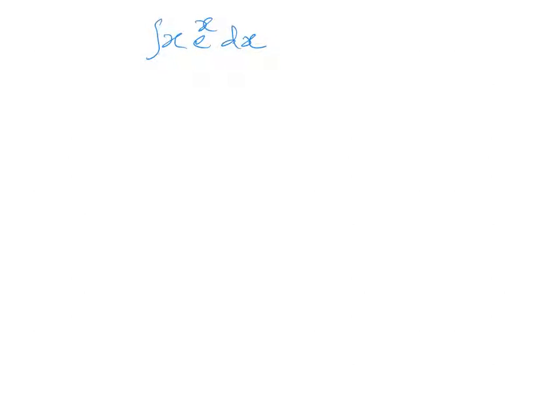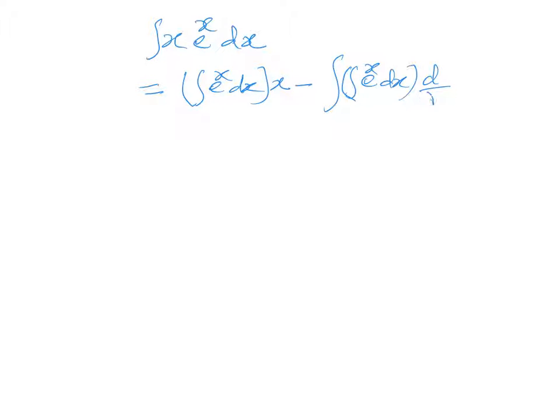So by integration by parts, this is: integrate e to the x, multiply by the other function, minus the integral of e to the x dx, and write down the derivative of this function.